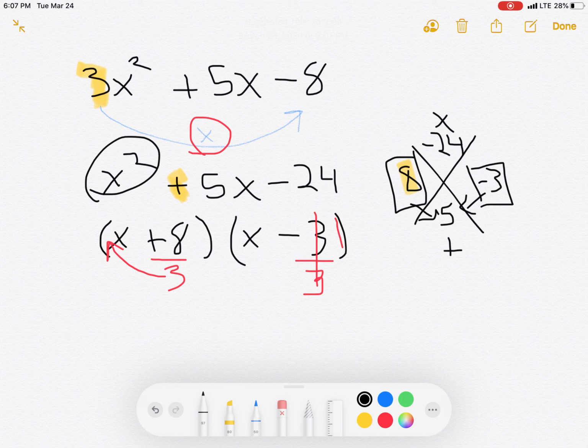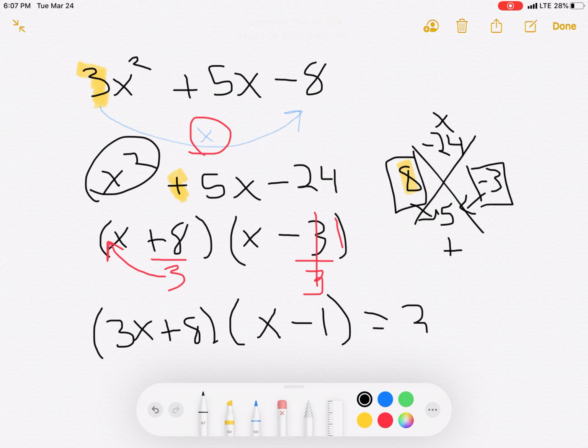So we will rewrite this as 3x plus 8 times x minus 1. And that is equal to 3x squared plus 5x minus 8.